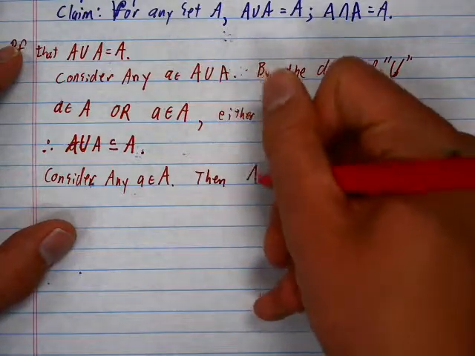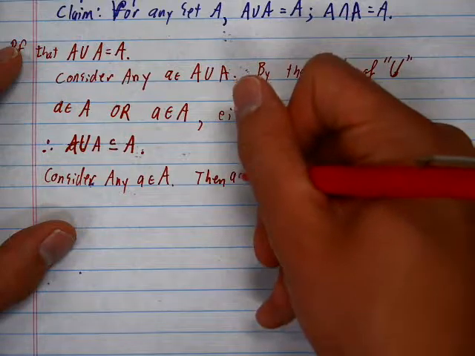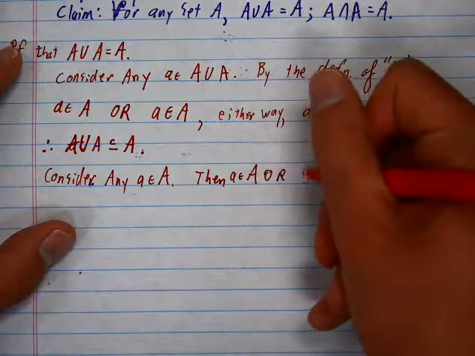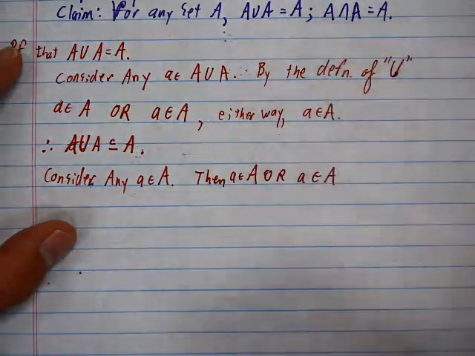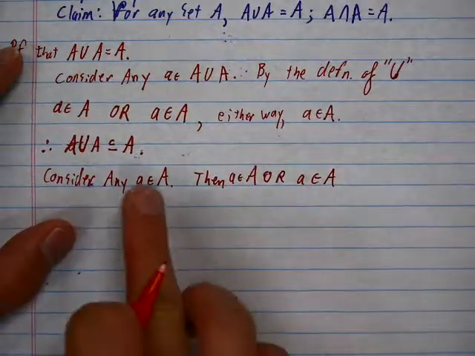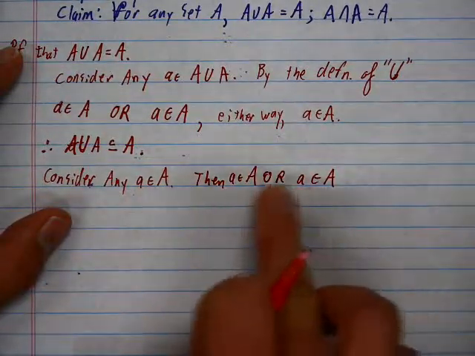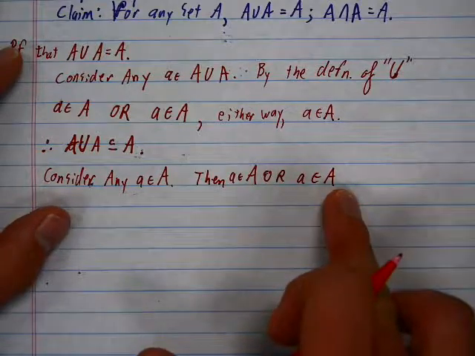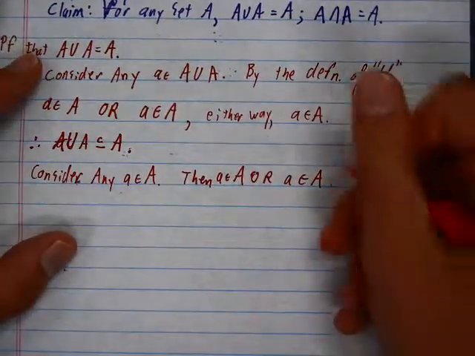Then, well, it certainly is the case that a is in A or a is in A. And that's a really silly thing to write, but let's just check that it's true. If a is in A, then are at least one of those two statements true? Yeah, they're both true, but that's allowed in an or statement.